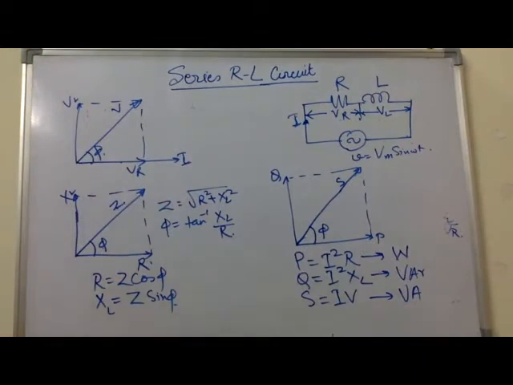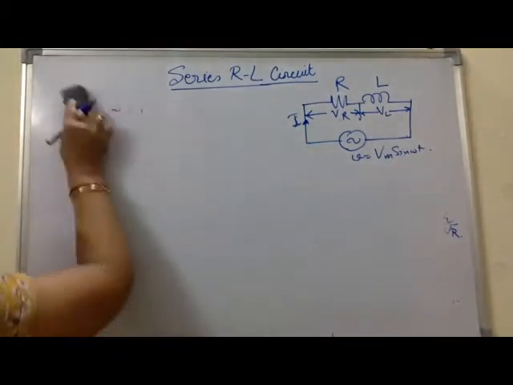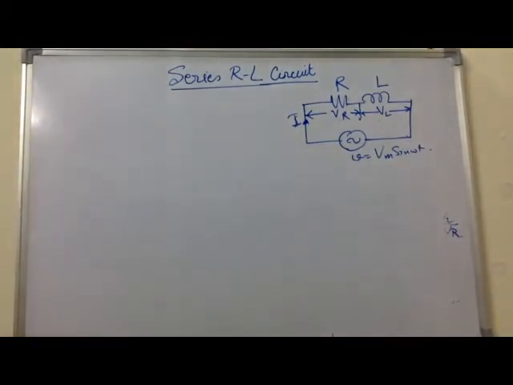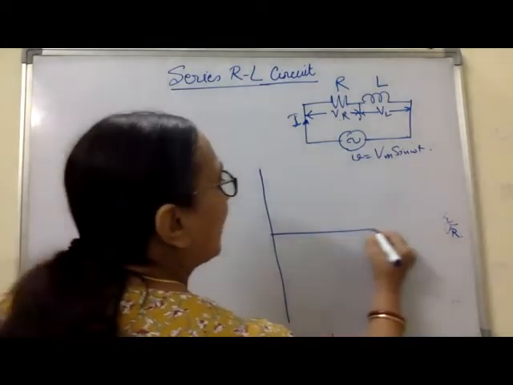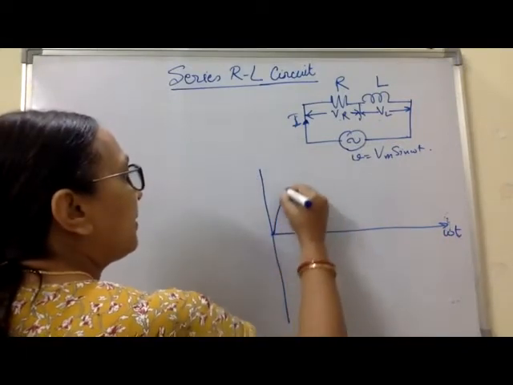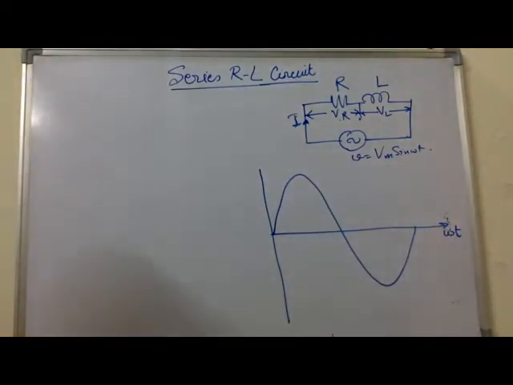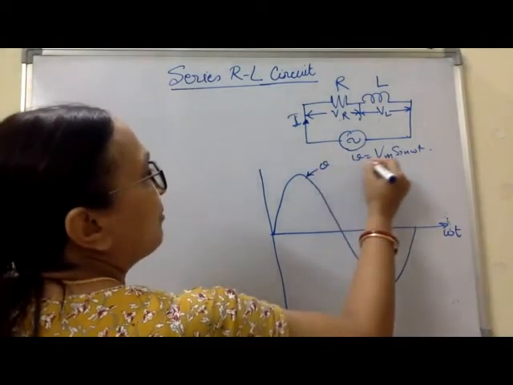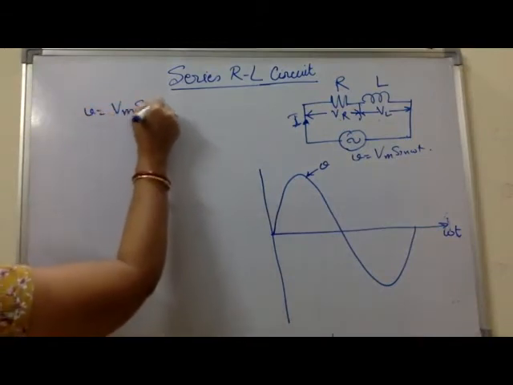Now, the same thing we are going to draw in the form of waveforms. If you draw the voltage waveform, the current waveform, and try to find out the instantaneous power with respect to omega t, suppose this is your applied voltage, V is equal to Vm sin omega t.